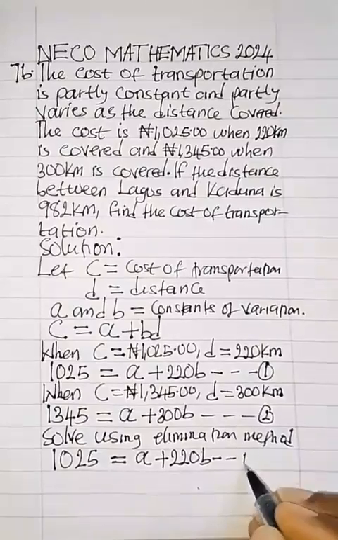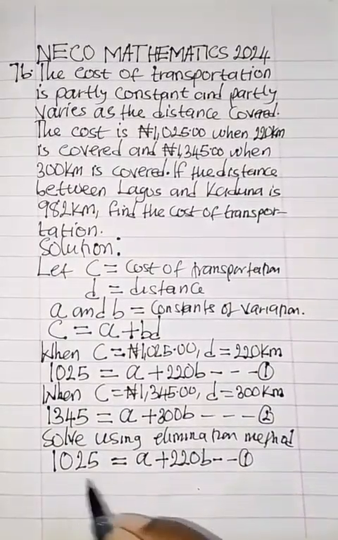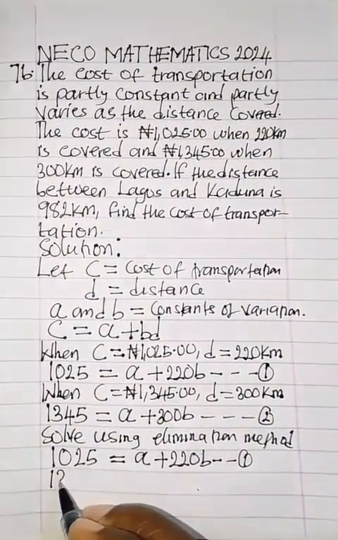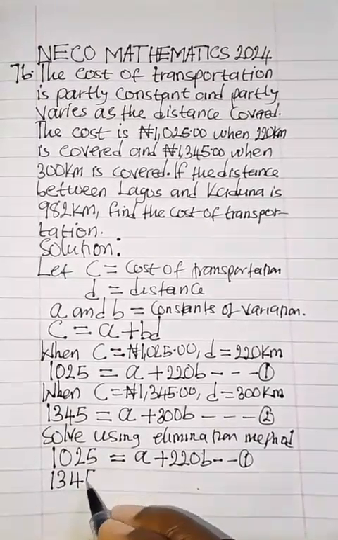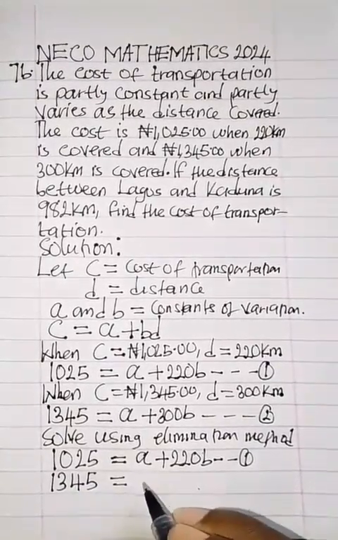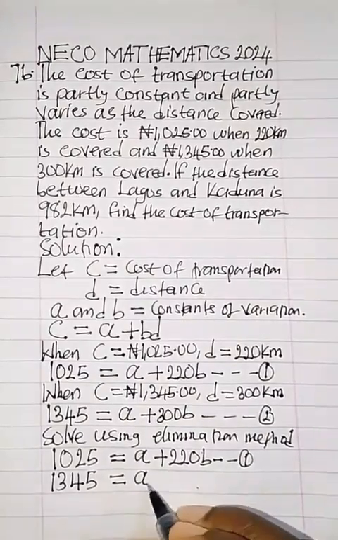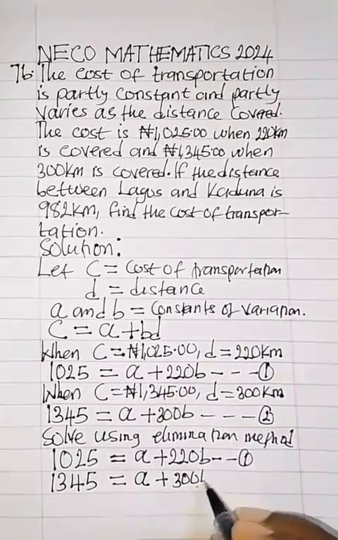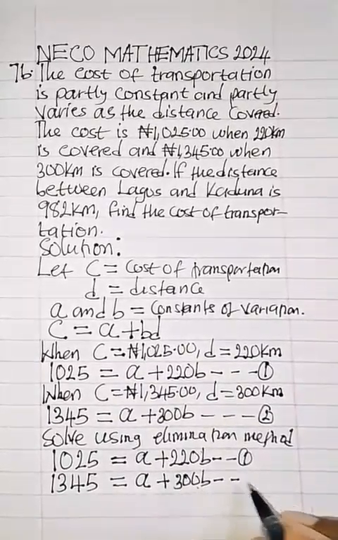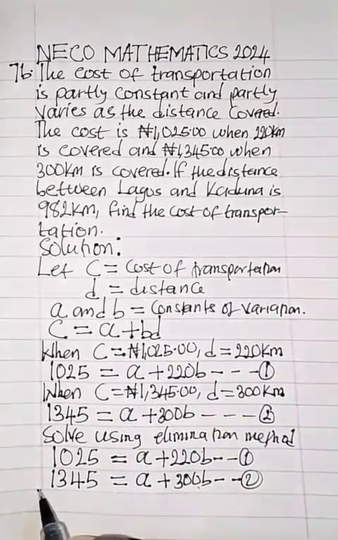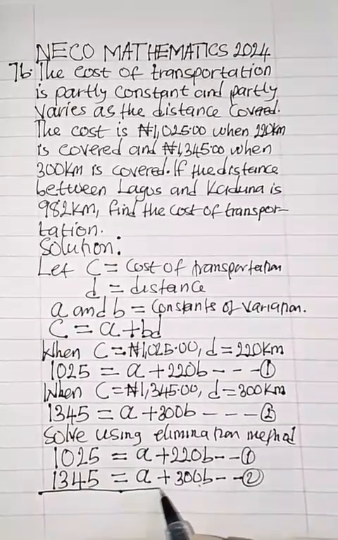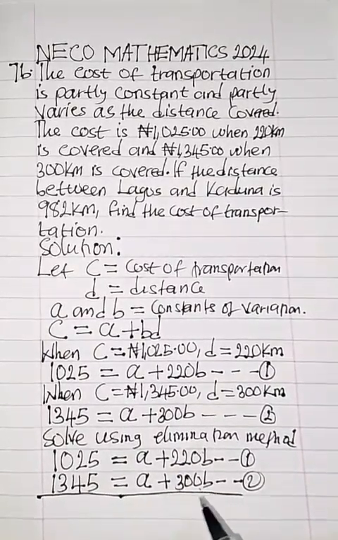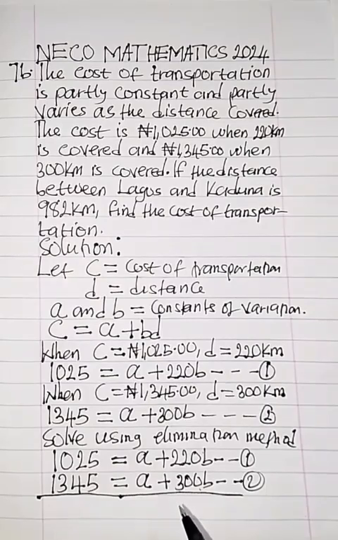That is equation 1. Second equation, 1345 equals A plus 300B, as equation 2.